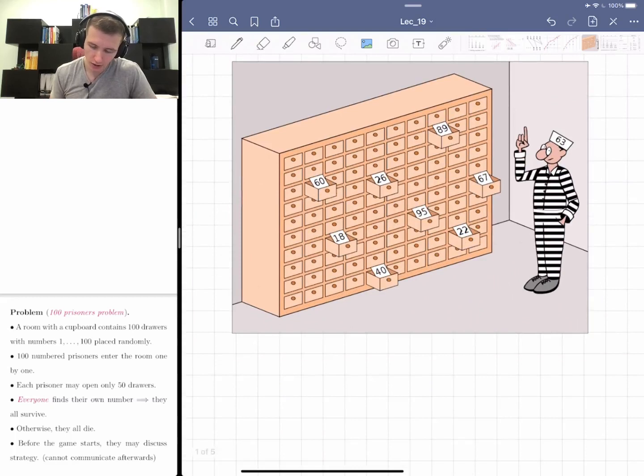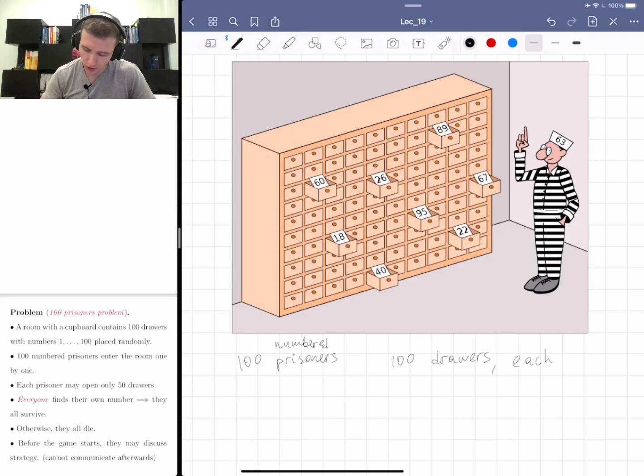So what do we have? We have 100 prisoners, which are numbered, and 100 drawers, and each drawer contains a number from 1 to 100 in random order.